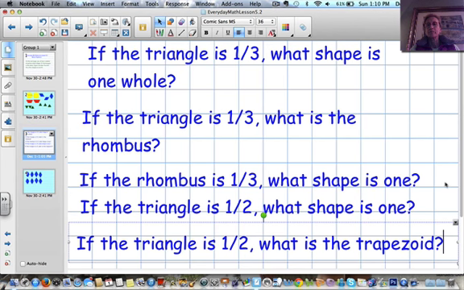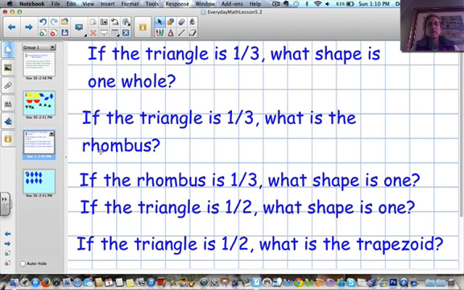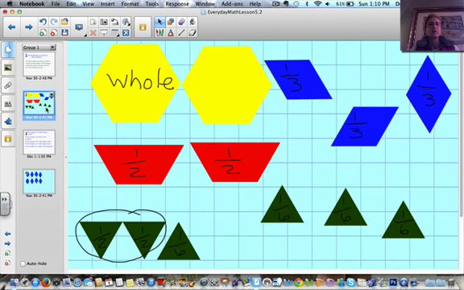There we go. If the triangle's 1/2, what is the trapezoid? Sorry, what fraction is it? So here's the trapezoid, and if the triangle is 1/2, let's go ahead and erase these previous values.